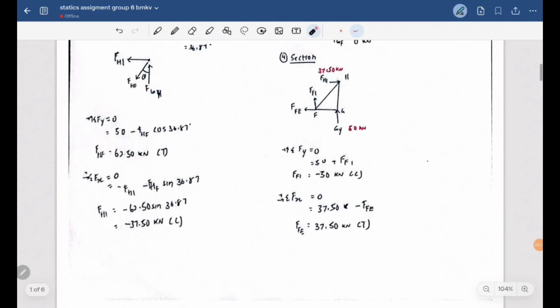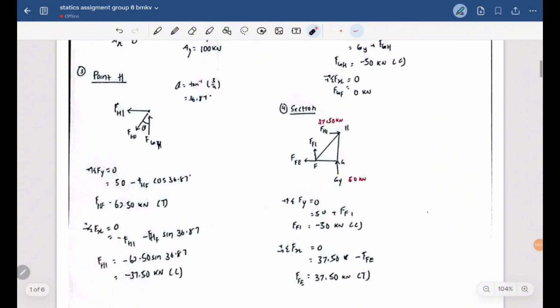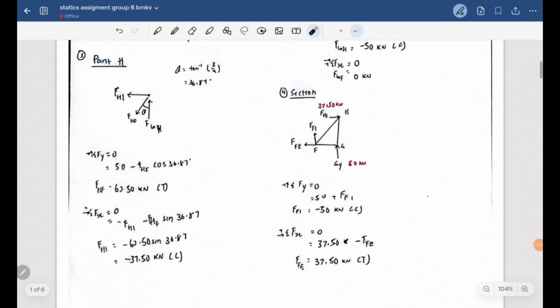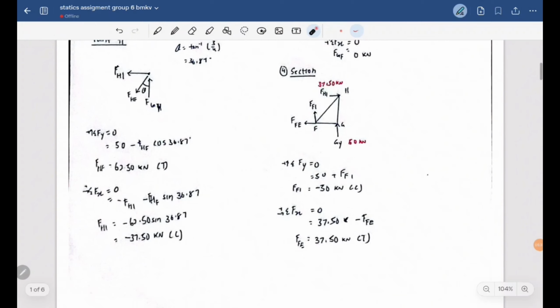For total Fy equal to 0, we have FGH and FHF cos theta. FGH we already got here. So 50 minus FHF cos 36.87 degree, we will get FHF equal to 62.50 kilonewton tension. Since it is positive, it's tension and it is the right direction.